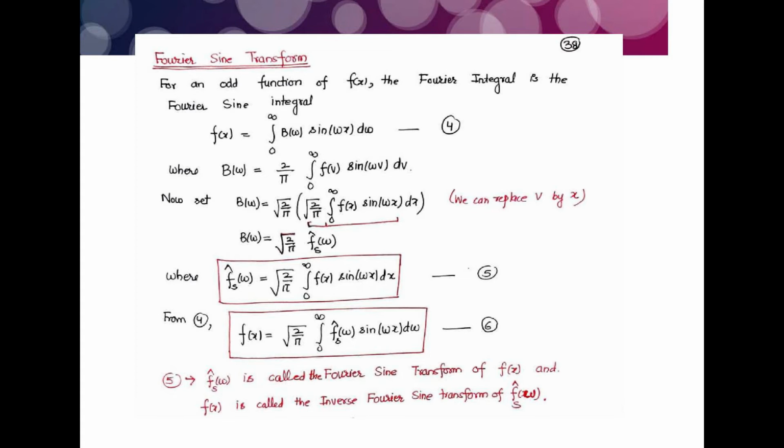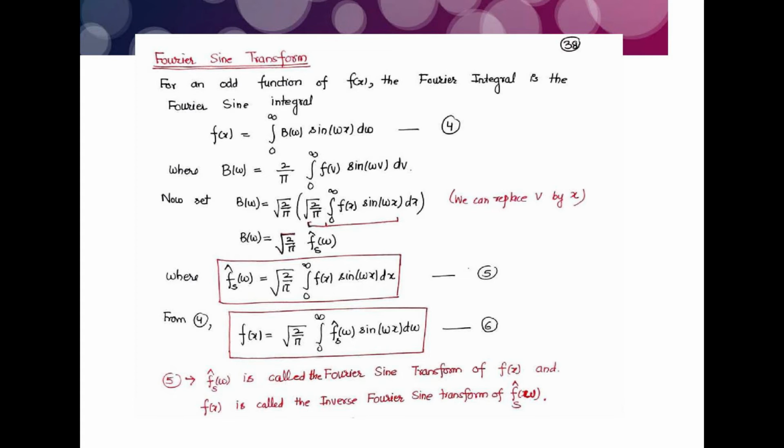Let f of x be an odd function. Then its Fourier sine integral is given by equation number 4: f of x is equal to the integral from 0 to infinity of b w sine of wx dw, and b w is 2 upon pi integral from 0 to infinity of f of v sine of wv dv.